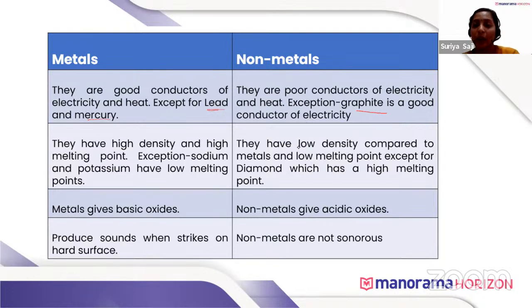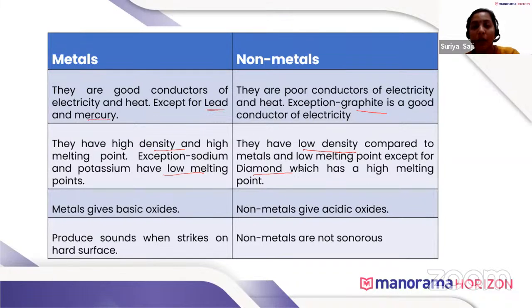Graphite conducts electricity. Then metals have high density and high melting points. We know this property very well. From lower classes itself, we have studied that metals have high density and high melting and boiling points. The exception is sodium and potassium, which have low melting points. Non-metals have low density compared to metals and low melting points, except for diamond.